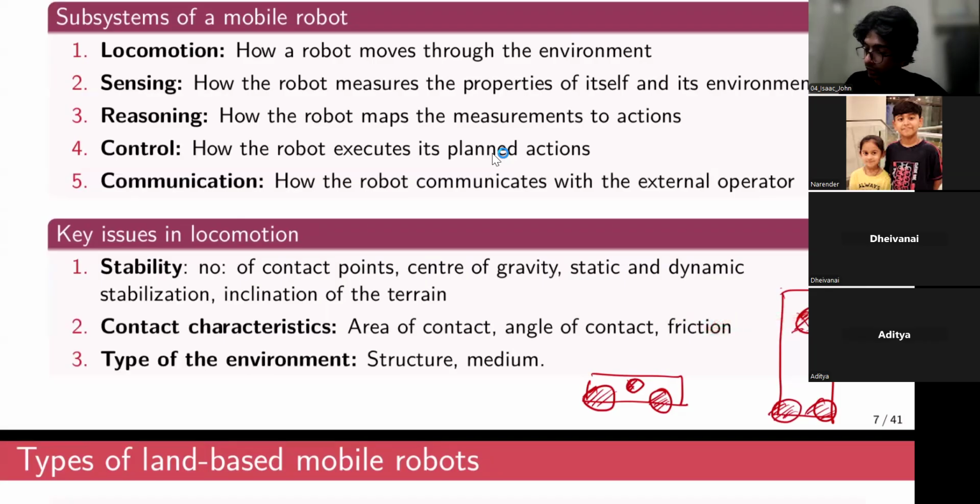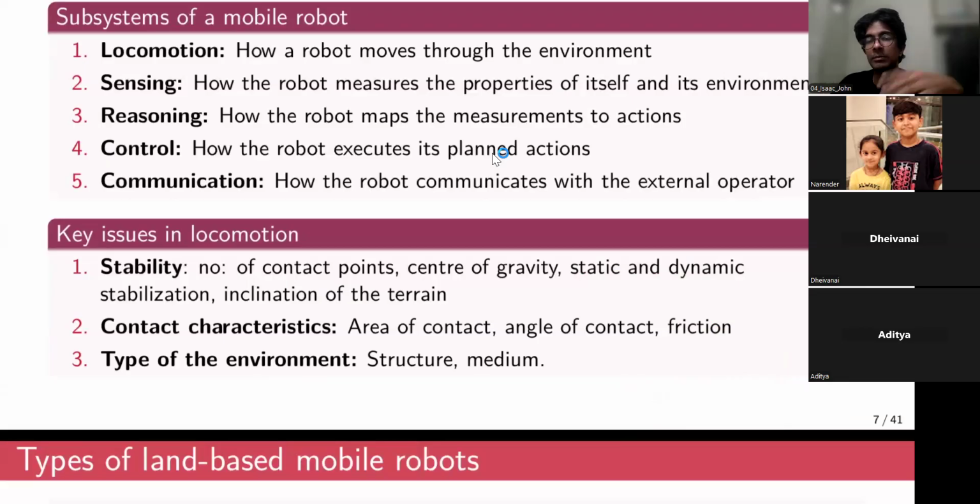And center of gravity is an issue. The other key issues you could consider are static and dynamic stability. For example, in the case of a legged robot, there are two phases. We usually call them swing and steady phases.